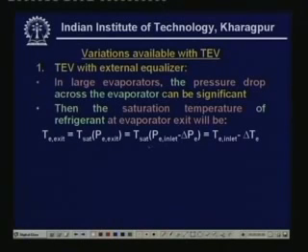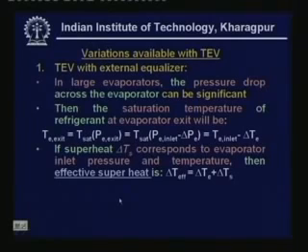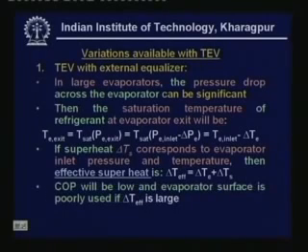Once delta P is very high, this difference will be large, and the exit temperature will be inlet temperature minus some delta T, and this delta T is proportional to your delta P. So if superheat delta Ts corresponds to evaporator inlet pressure and temperature, then effective superheat delta T effective is delta Te plus delta Ts. So COP will be low and the evaporator surface is poorly used if delta T effective is large.